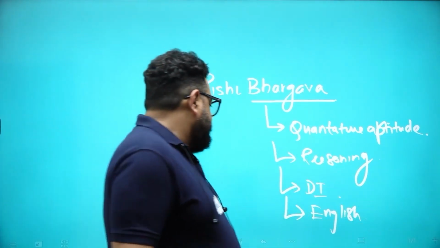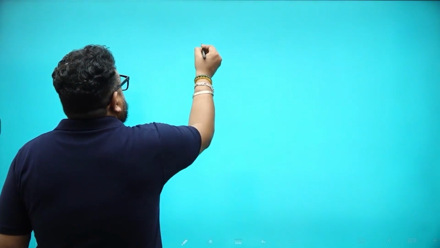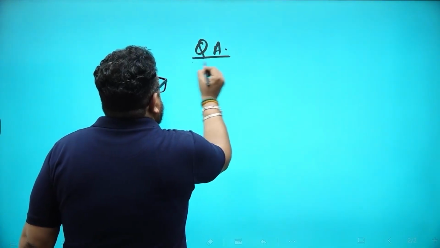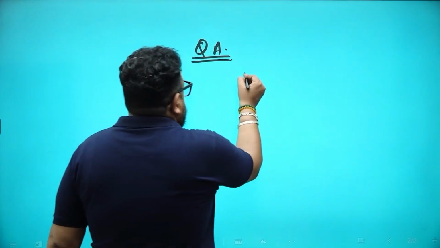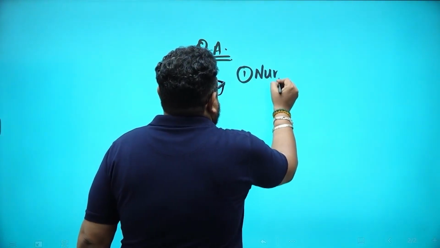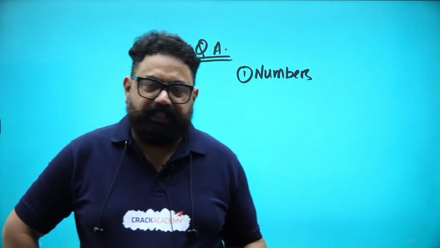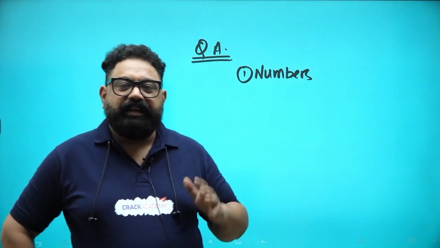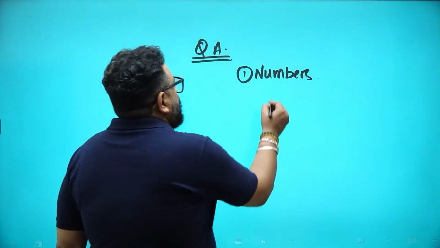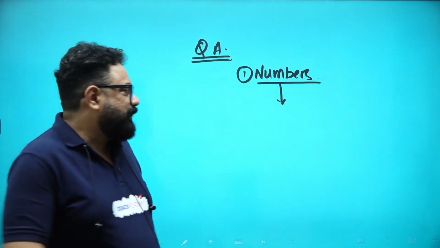So what exactly do we have in quantitative aptitude? When I describe quantitative aptitude, it can be broken into various parts. First is numbers. If you are appearing for any competitive exam like SSC, Bank PO, CDS, CSAT, Railways, nowadays a lot of questions would come from numbers. So what exactly are numbers?